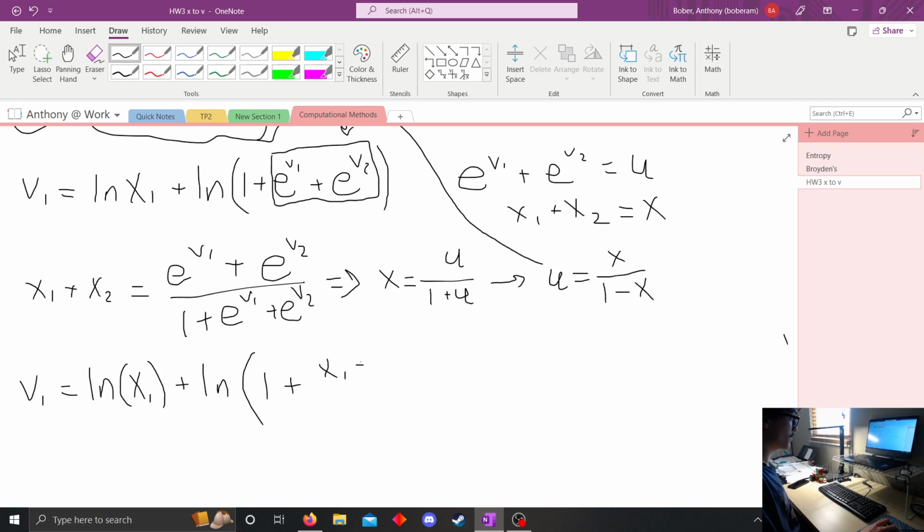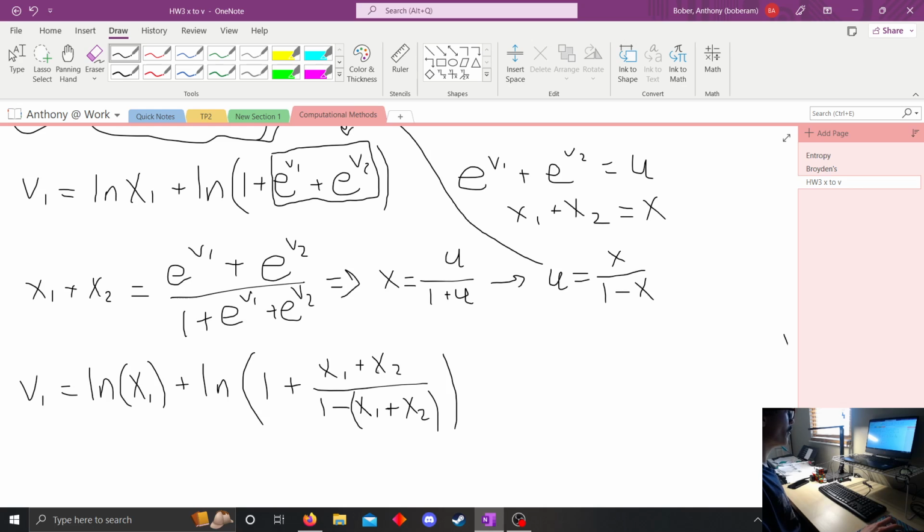So x1 plus x2 over 1 minus x1 plus x2, and I believe this is our solution. So we took v and put it in terms of x1 and x2.